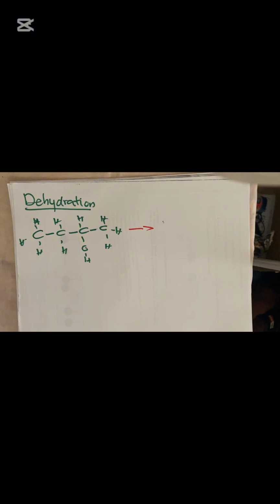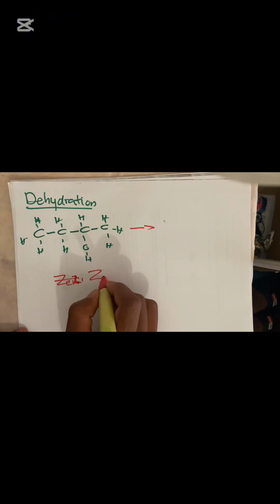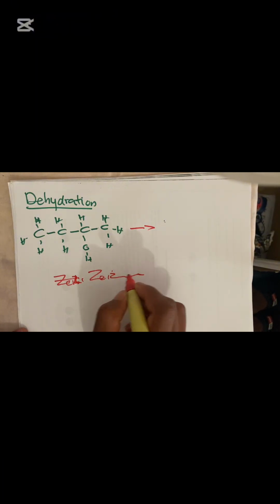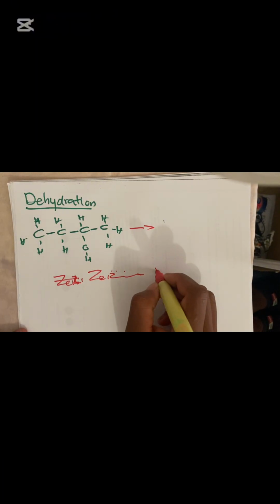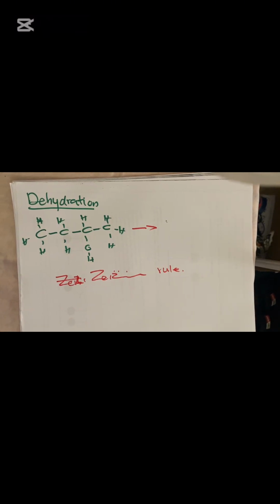Before we do anything, guys, we must know that we follow the Zaitsev rule. If you don't know how to spell it, just say the ZZ rule. So what does the ZZ rule say?